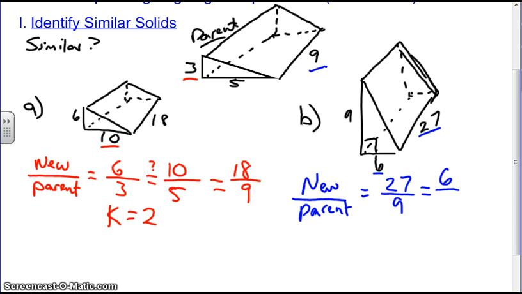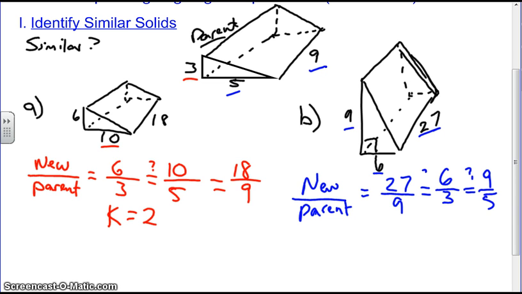So see if you can complete the corresponding edge in the parent figure. And hopefully you see it is 3. It's the shorter of the two legs of that triangle, isn't it? And then finally, the final side of that triangle is 9, right here, and it would correspond with the longer of the two sides in the parent, 5.